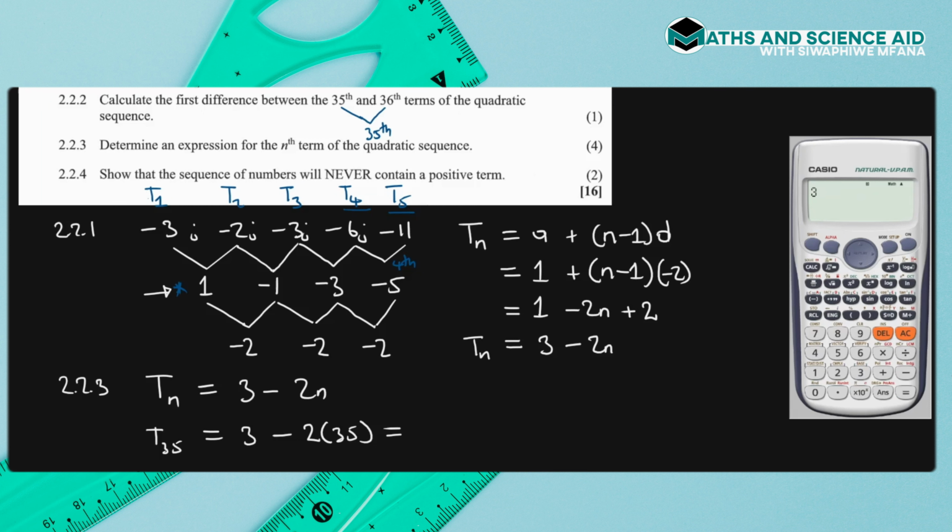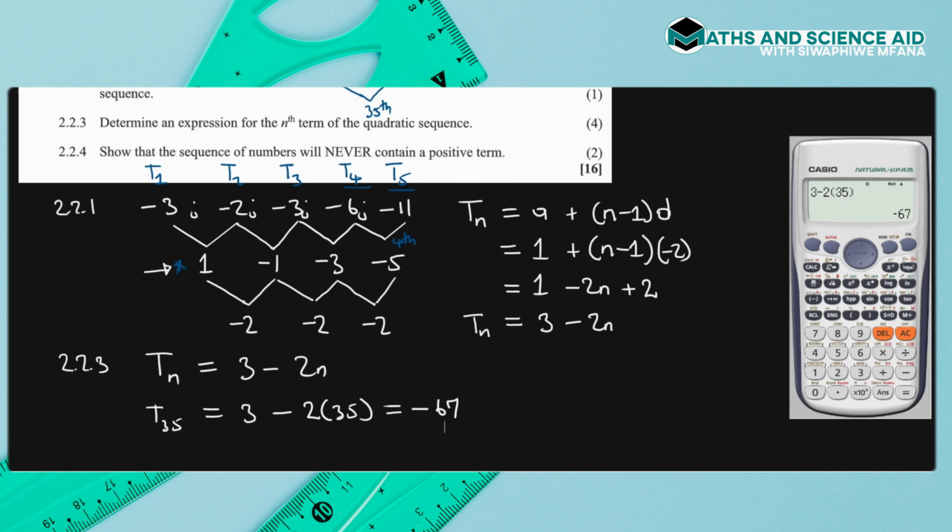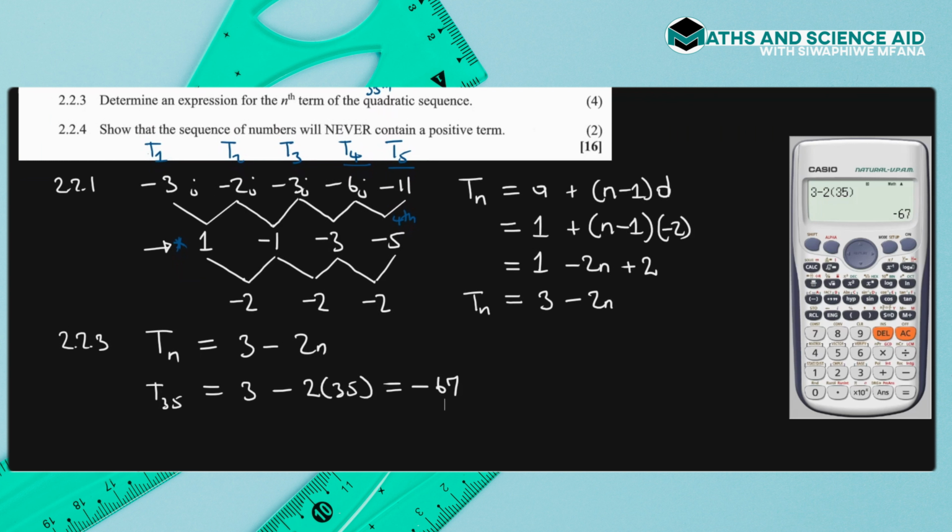So we have 3 minus 2 into 35. So this is equal to -67. So it means that the difference between the 35th and 36th term is going to be equal to -67. So that is how you can answer 2.2.2.